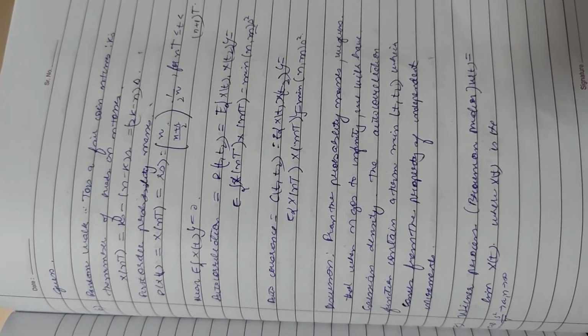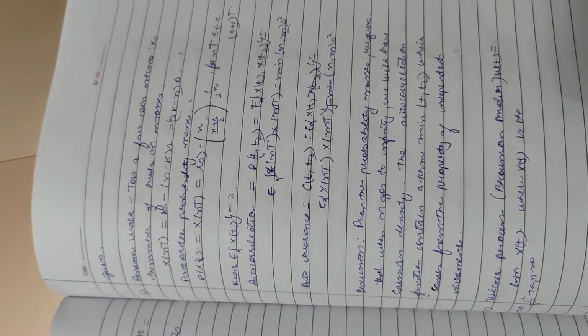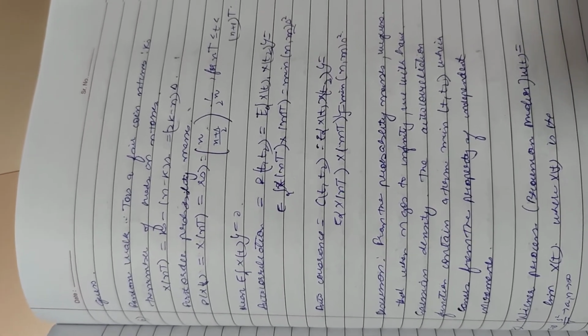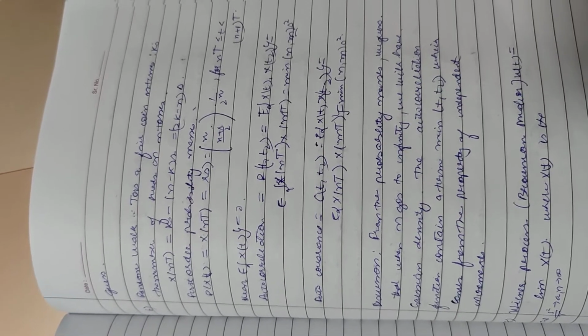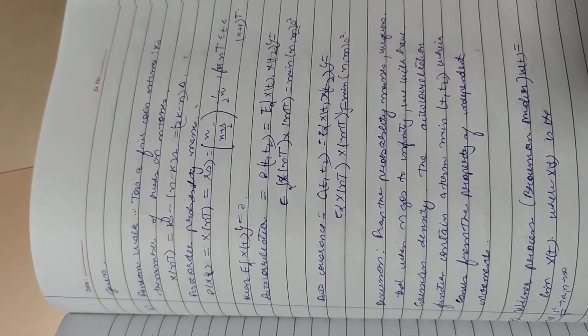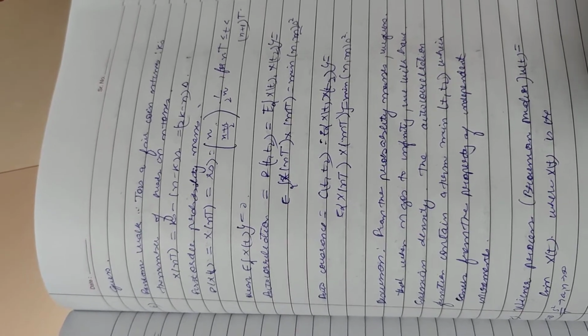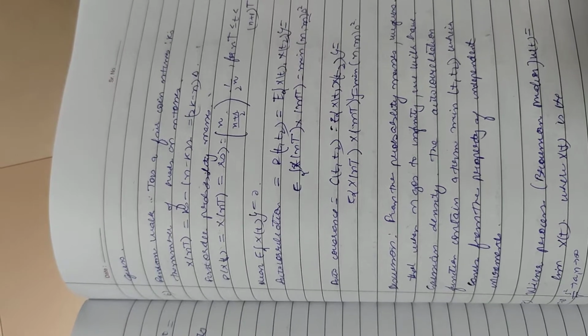So the sixth part we have to explain is random walk. Suppose we toss a fair coin n times. K is the number of heads in n tosses. X of n t is equal to k s minus (n minus k) s. So mean we will be getting 0.